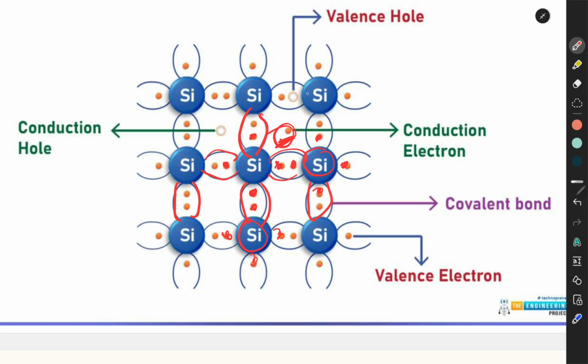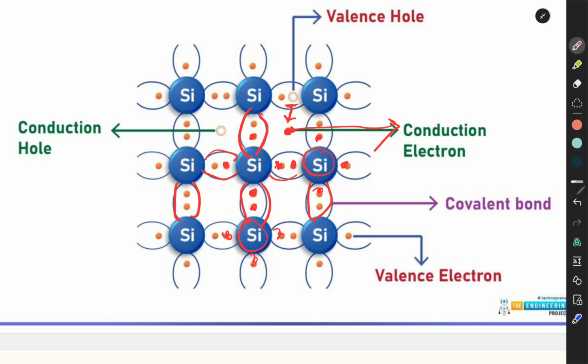So see here, whenever the electron from here has jumped here, what happened here? A hole is created. A vacancy is created here. Here was an electron; due to the energy it gets, it had jumped here. So this is now called a free electron, or conduction electron.